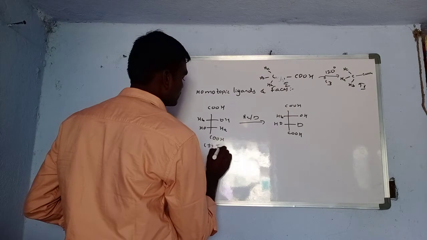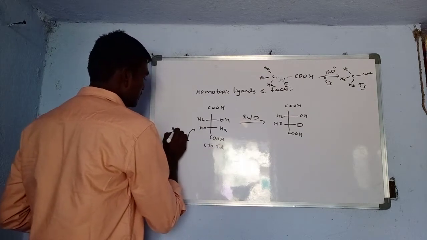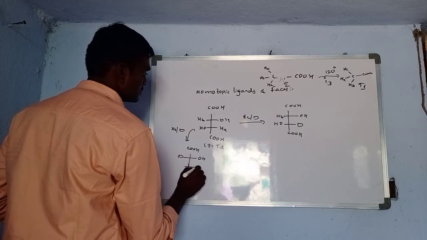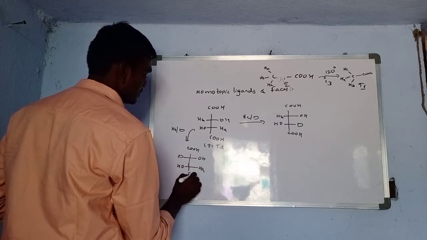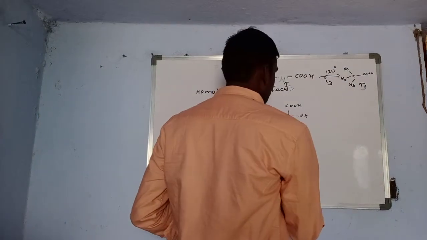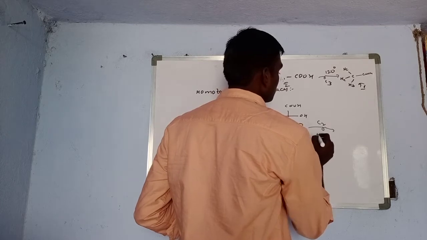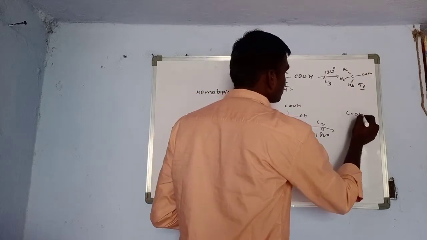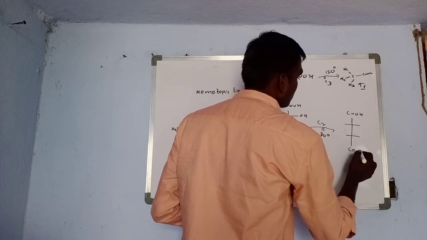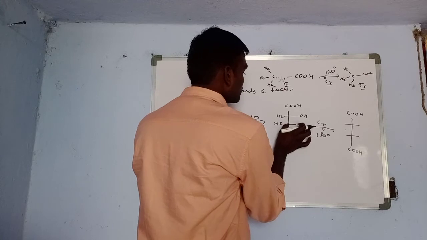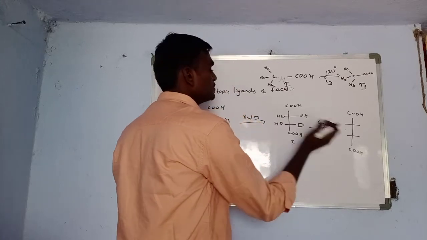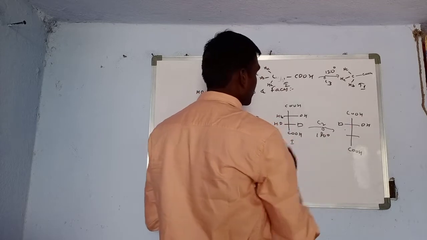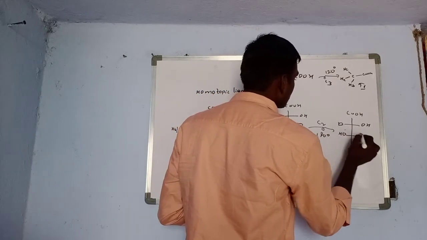Similarly, if HB is replaced by deuterium, we get COOH, deuterium, OH, here HA, OH and COOH. The first structure is rotated through a C2 axis, 180 degrees. The two carboxylic acids change places, and the OH and deuterium are exchanged, so deuterium is on the left side and OH on the right side.